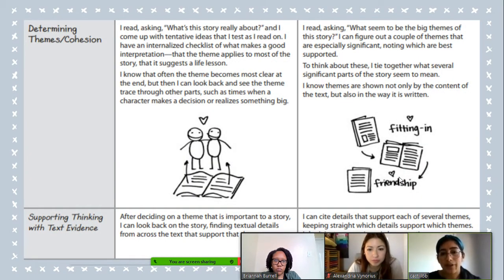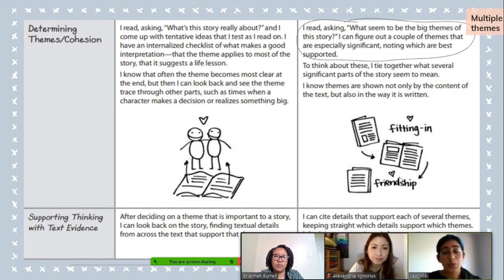Now let's look at level 5. Please pause the video to see what the differences and similarities are between level 4 and level 5. Okay, in level 5, you can see that students are writing about multiple things. It's not just one thing, but they're writing multiple themes, and they should be able to tell you how these multiple themes are represented throughout the story.